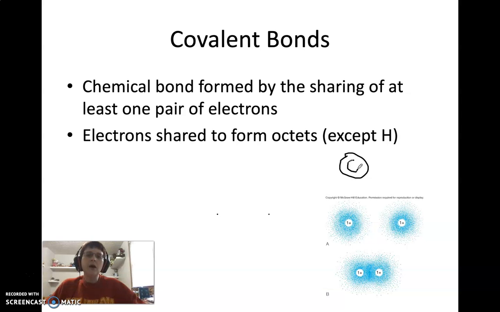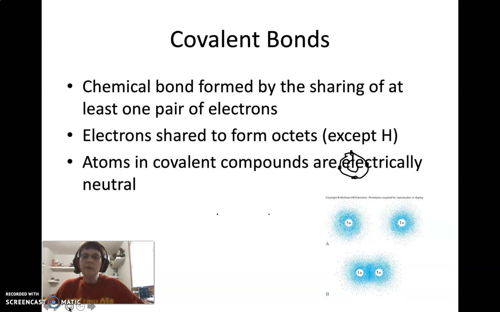For example, carbon has just 4 electrons in its outermost level, so it needs 4 more electrons to make its octet. And so it's going to make covalent bonds with other elements in order to fill that octet.